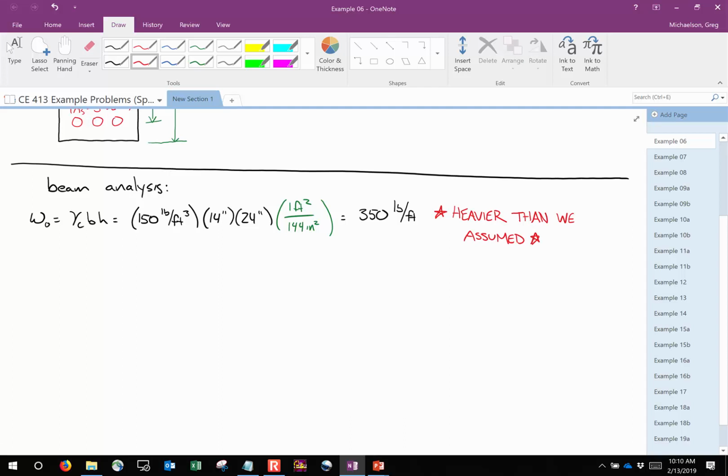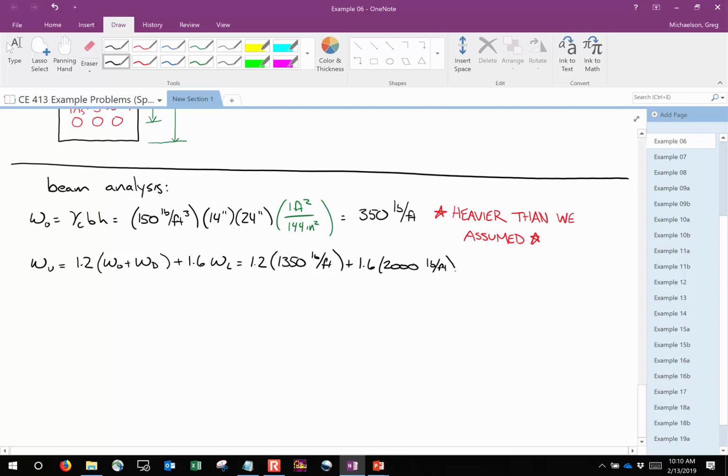So what that means is we can't use that moment that we used before because that's not accurate. The beam is actually heavier. So we're going to have to update our WU and our MU so that it reflects what the beam actually looks like. So we have a W sub U, which is 1.2 times our dead weights. And so that equals what?